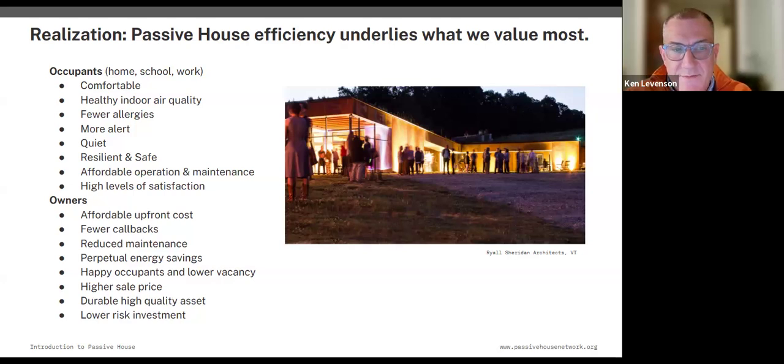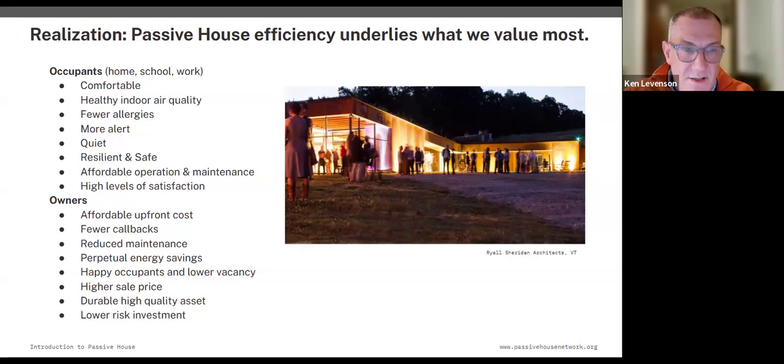The high quality means fewer callbacks to the contractors, reduced maintenance going forward, so durability to the structure. And we're getting really perpetual energy savings. So as we see energy supplies becoming more strained, energy costs going up, you're going to be able to save again and again and again going forward.